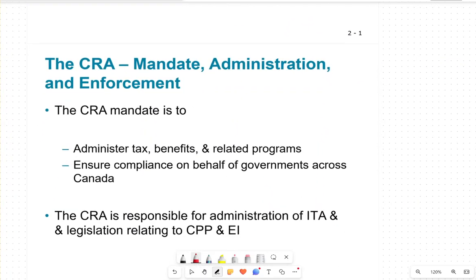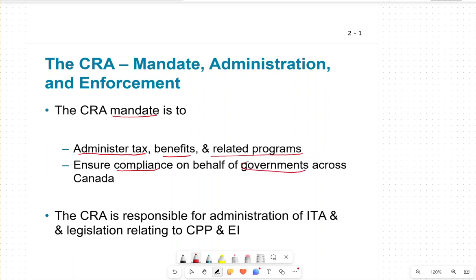When we talk about the CRA, the Canada Revenue Agency, what is their mandate? What do they do? They administer tax. They pay the benefits and related programs. They also want to ensure compliance on behalf of the government.